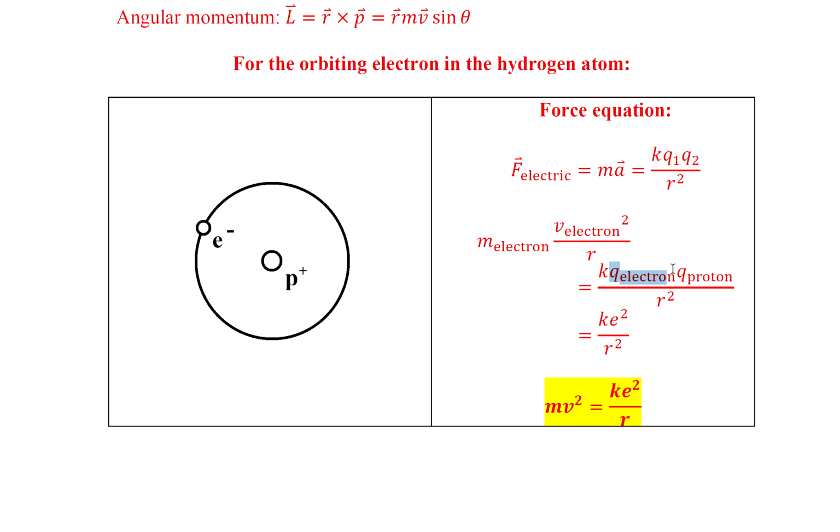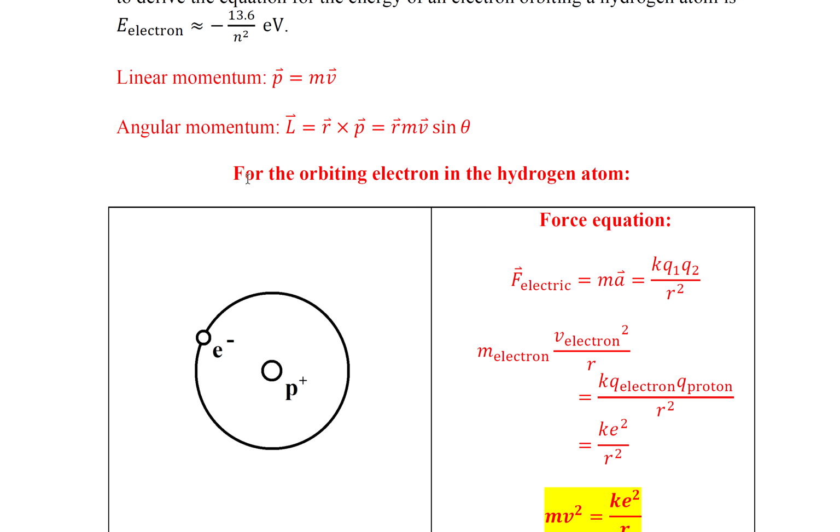Q for the electron is equal to Q for the proton, which is 1.6 times 10 to the minus 19. So we'll just call that e. So q electron, q proton becomes e squared. Simplifying this equation, we're going to get mv squared equals ke squared over r. I highlighted this equation in yellow because we're going to come back to it.